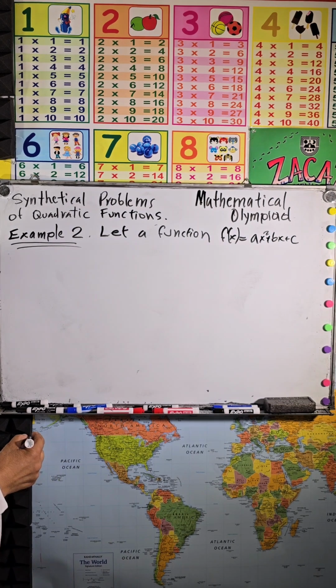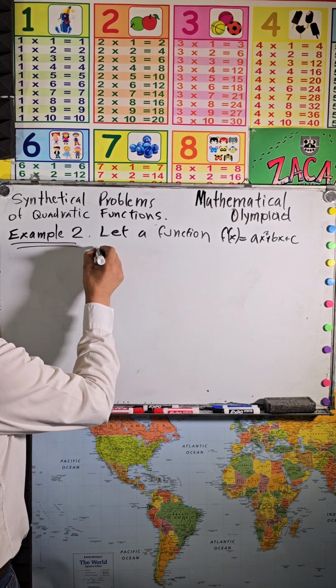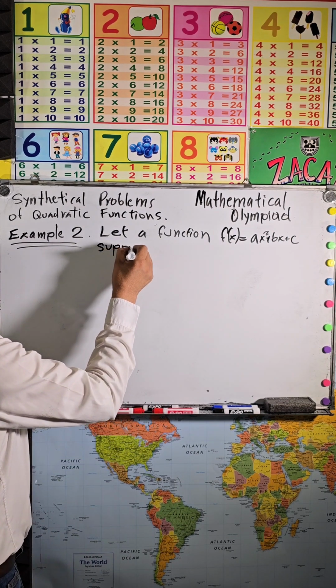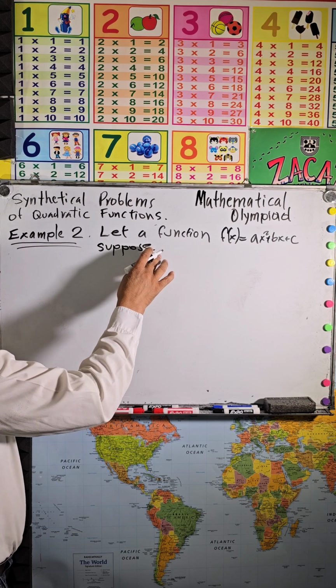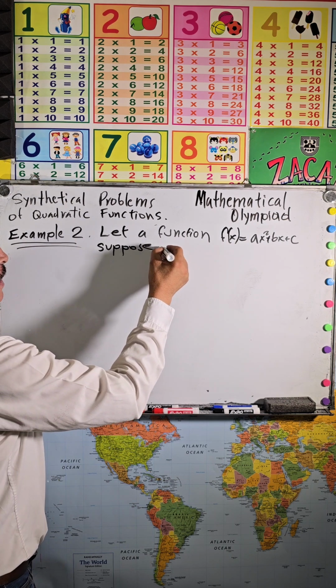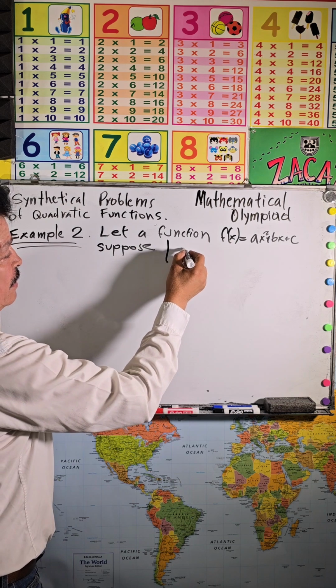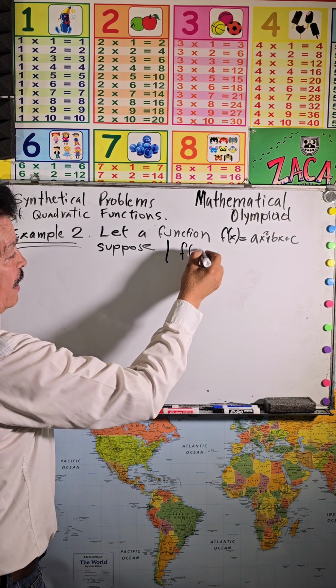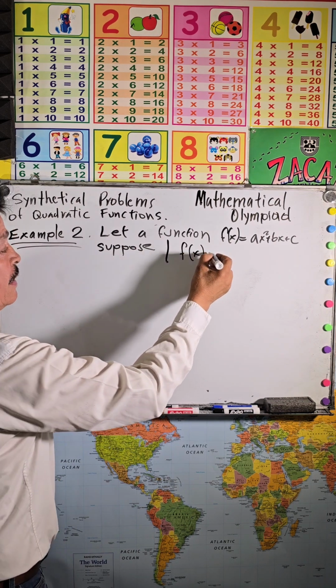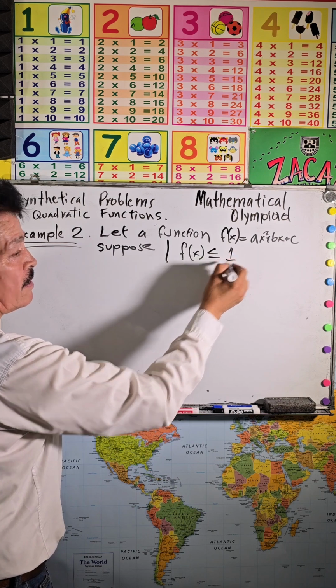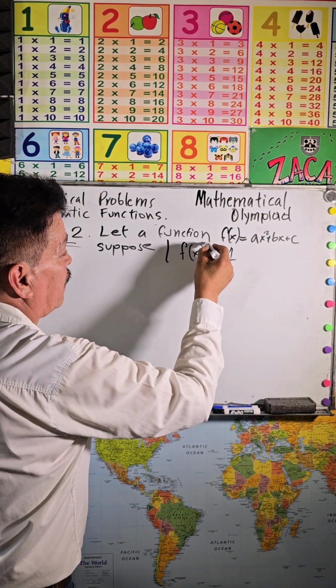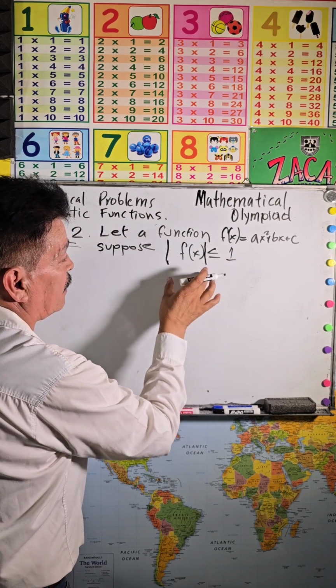Suppose this function f(x), its absolute value is less than or equal to 1.